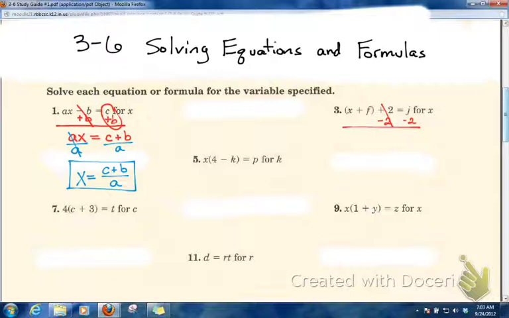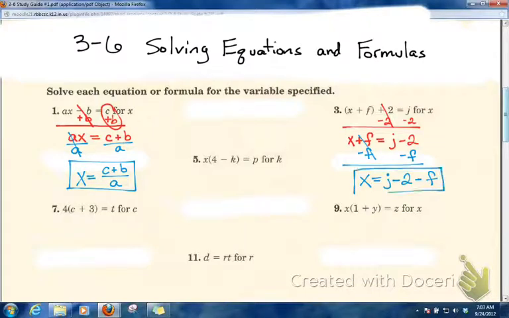And we have x plus f equals j minus 2. And then the last step here will be to subtract the f. And we have x equals j minus 2 minus f. And that is it. Done there.